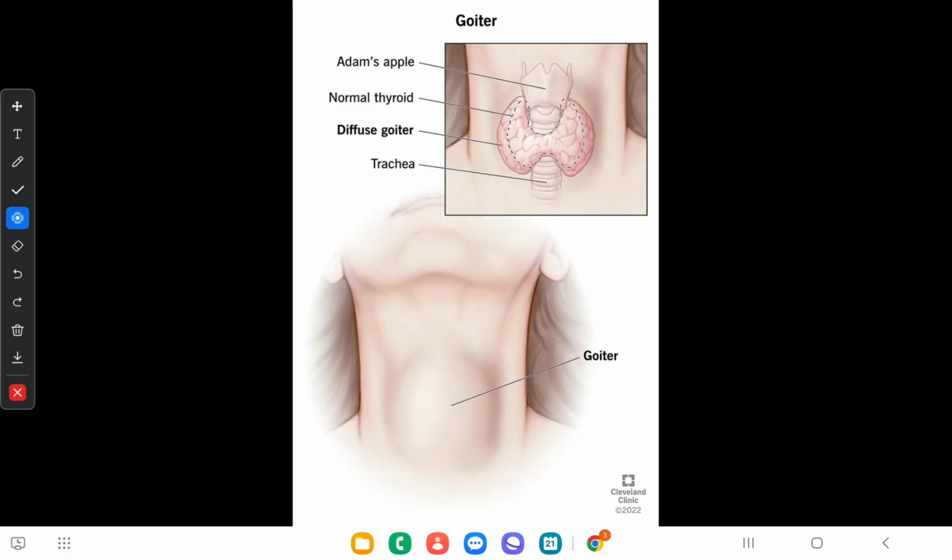Sometimes the esophagus can also be compressed, so there can be dysphagia or difficulty in swallowing. Sometimes recurrent laryngeal nerves may be involved, then you will see hoarseness of voice. If the carotid sheath is involved, there can be posterior displacement, and if the sympathetic chain is involved, there can be Horner's syndrome.